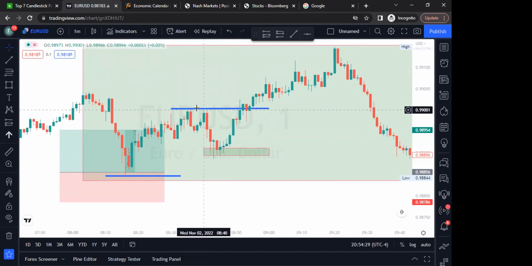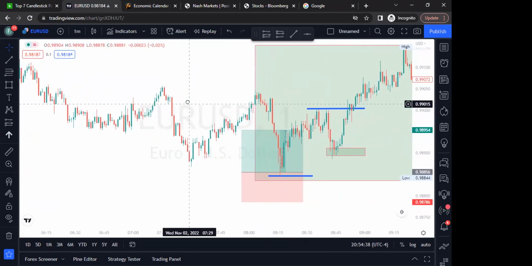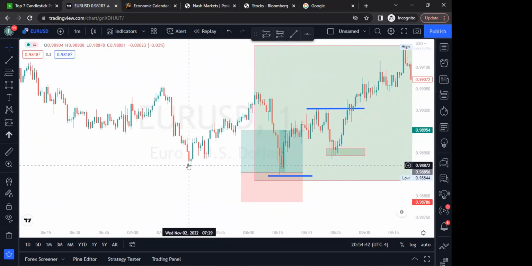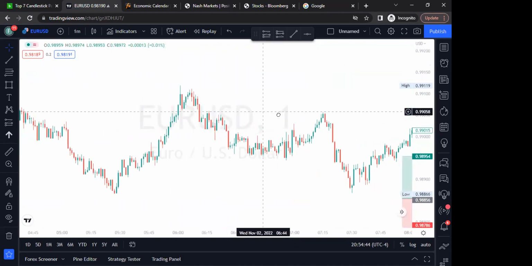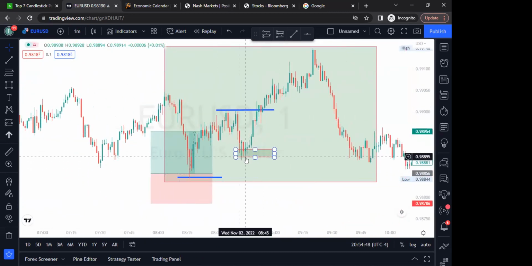As you can see, equal high, broke it. I would have taken my money right here. But as I was saying, once I see consolidation in price moving in a certain direction, I would target the next high or the next low, depending on which way price is moving.